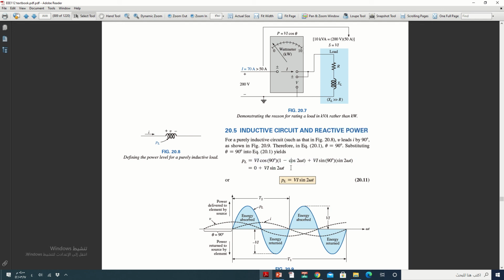After substituting here, you will find this formula. And the frequency is double, because during one cycle of voltage or current we have two cycles of instantaneous power. It is clear that for a pure inductive load, the energy absorbed equals the energy returned to the source, and the average active power will be zero.